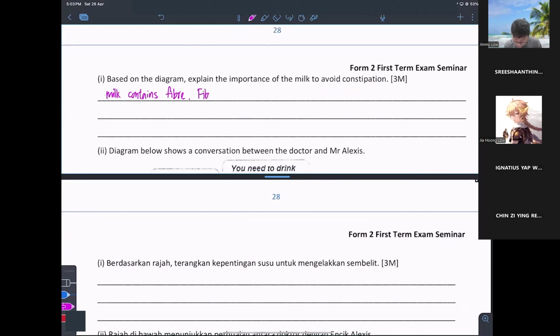So you can say fiber can help to stimulate peristalsis. The word is here, peristalsis, in the large intestine. Of course, sorry, not small intestine, large intestine. Of course, we are talking about the large intestine. If you say small intestine, then GG already.